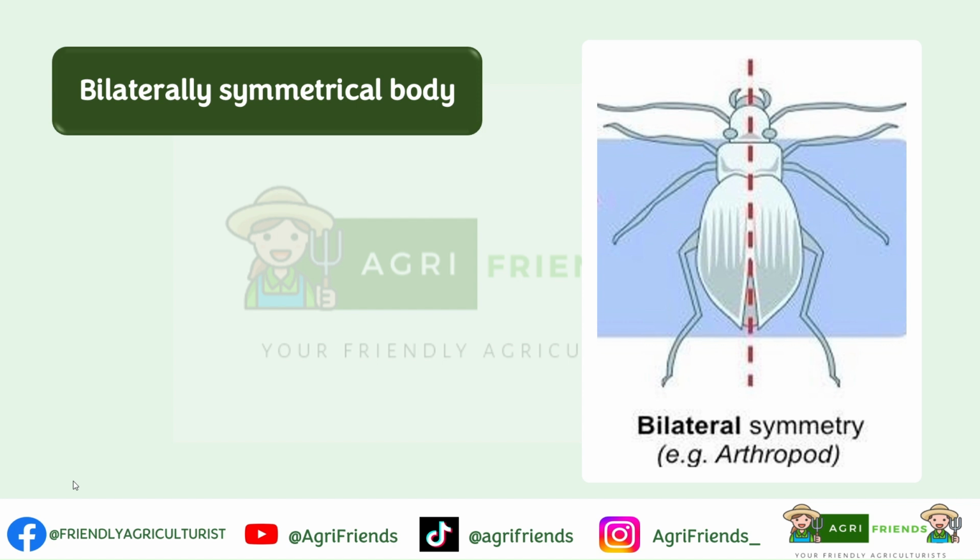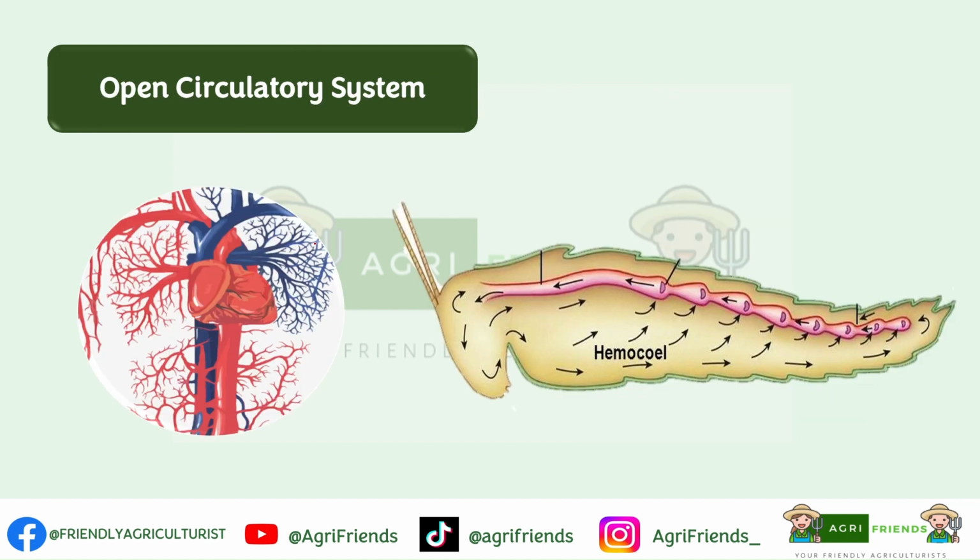And when we say bilateral symmetry, bi meaning two and lateral meaning sides. So, let's assume this figure is a dorsal view of an insect. If we cut this insect longitudinally or in the middle, the parts on the left should be similar with the parts on the right.